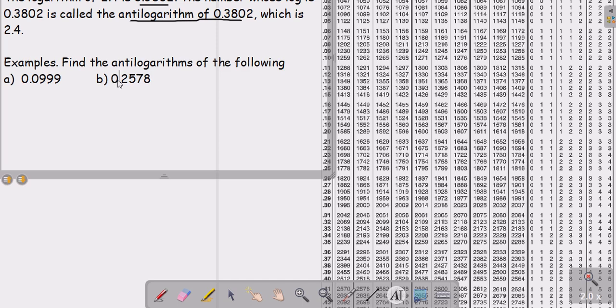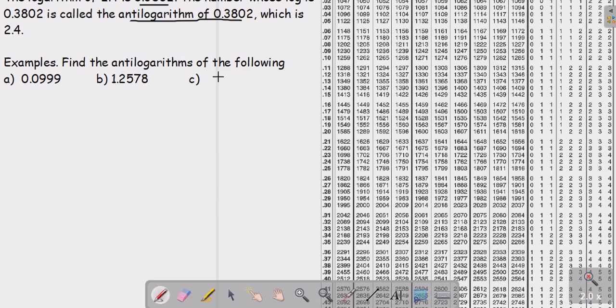And then C we can have 1, and then a -1 like 2 bar, that's 0.0368. Yeah, we can have these ones here.